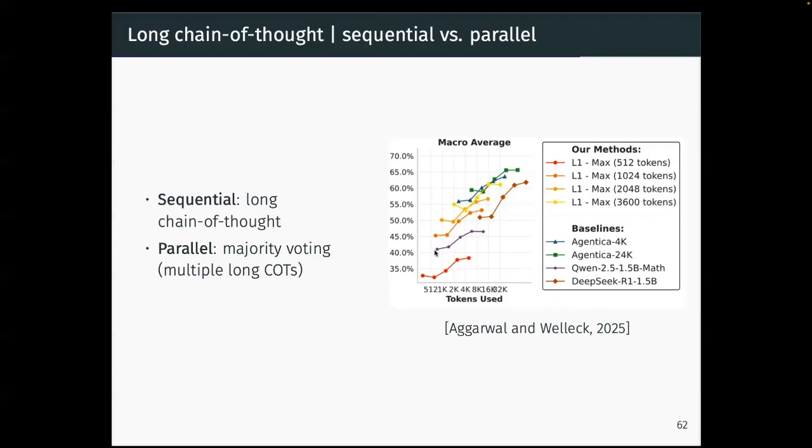Sometimes though, if you actually look at the number of tokens that are being generated, at least with these particular models, it's better to just keep generating a longer chain of thought. But anyways, this is a really early and active area of research. So probably for next semester or next year's lecture, we'll have a lot better understanding of these techniques.